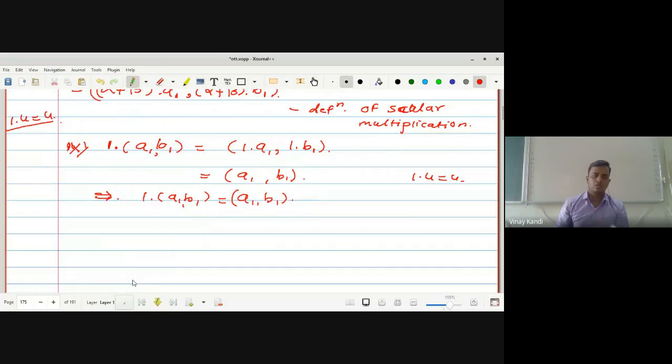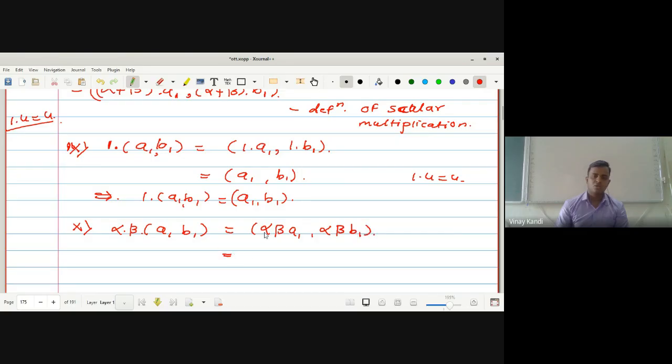The last one, the tenth property: if a and b are the two scalars, instead of a and b, take alpha and beta, and suppose the vector is a1 b1 from the set V. By the definition of scalar multiplication, this is alpha beta a1 and alpha beta b1.